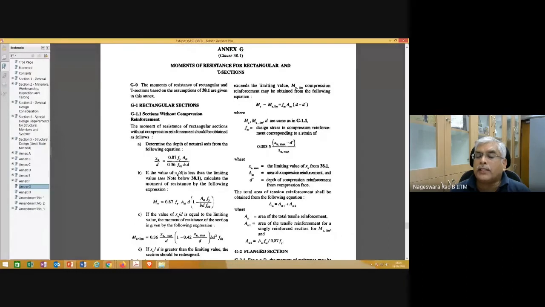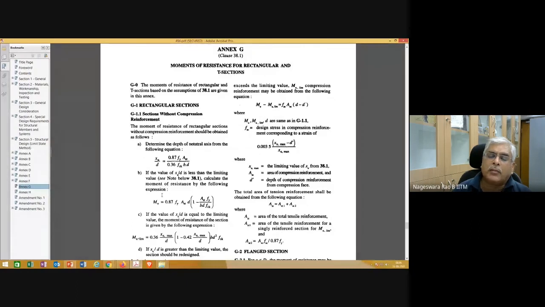If the value of XU divided by D is less than the limiting value, what I told you, what is the kind of section? You need to be interactive, understand? If XU divided by D is less than XU max divided by D, it's an under reinforced section. If it is an under reinforced section, steel is going to dictate the moment of resistance.